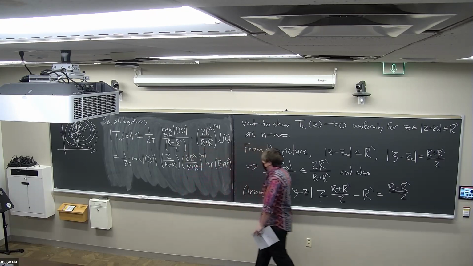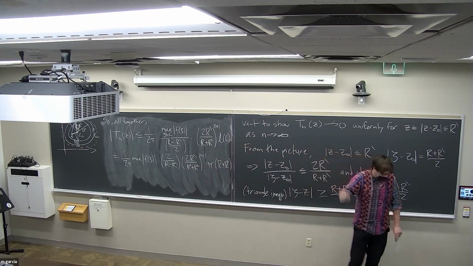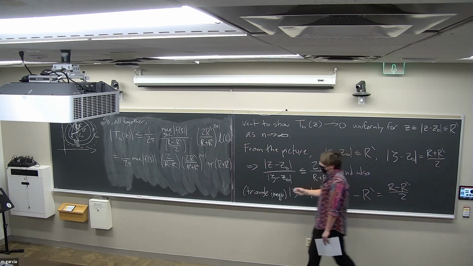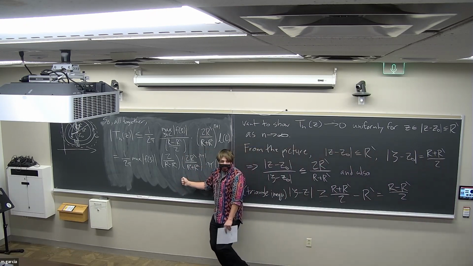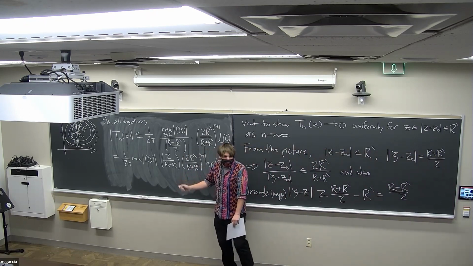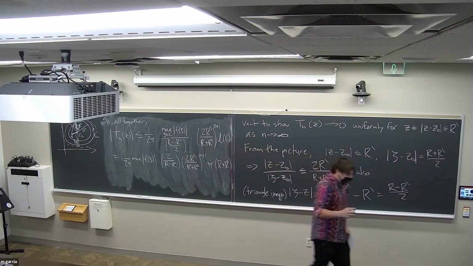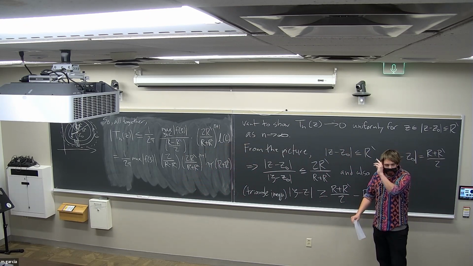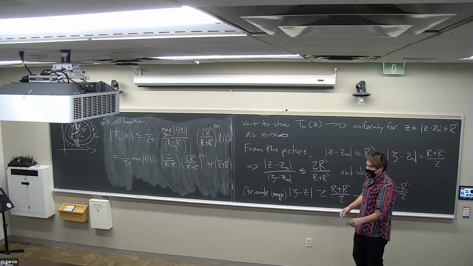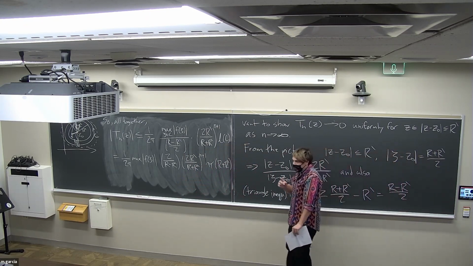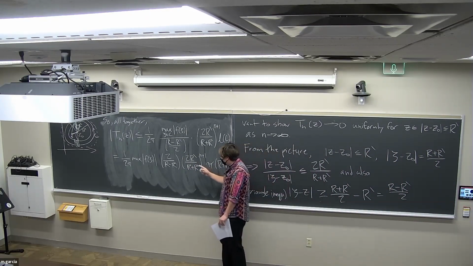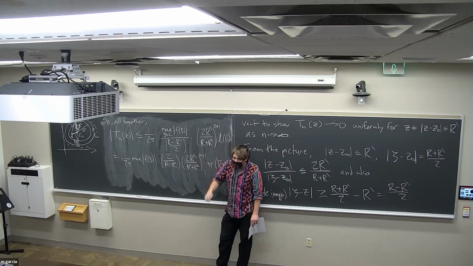First of all, we're trying to show uniform convergence. The important thing to note about this is that it's independent of z. That's good. Now what happens as n goes to infinity? It tends towards 0, because 2r prime is strictly less than r plus r prime.